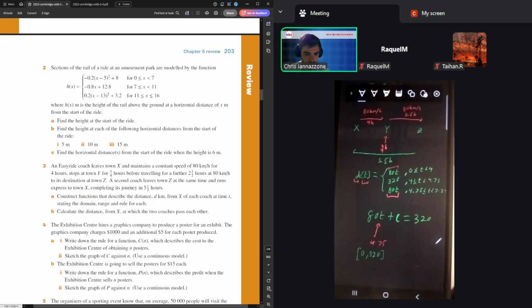What are the units involved in that range value? Kilometers? Yeah, kilometers, absolutely. So 0 to 520 kilometers is the full range of the journey.